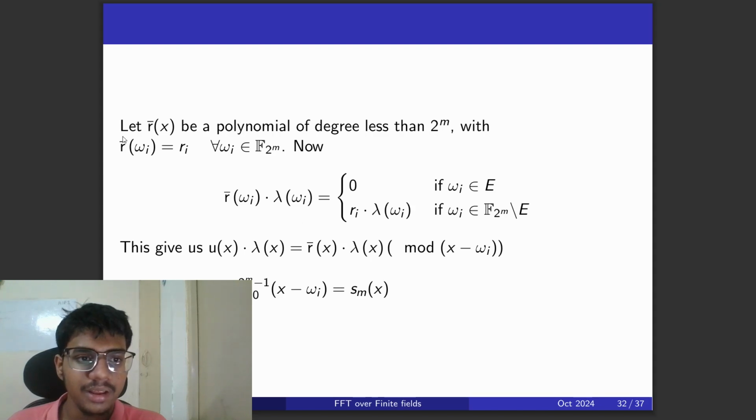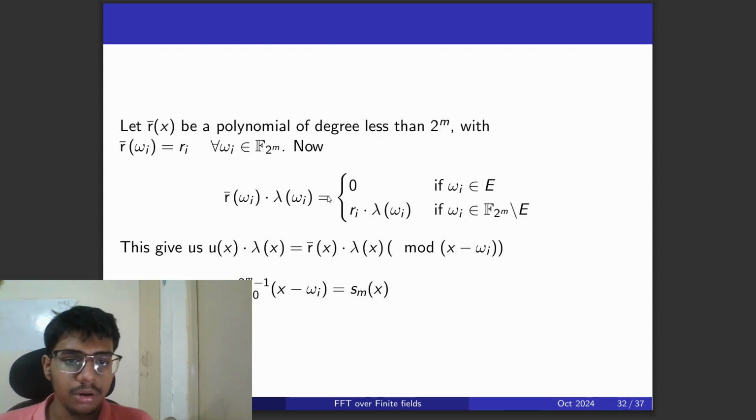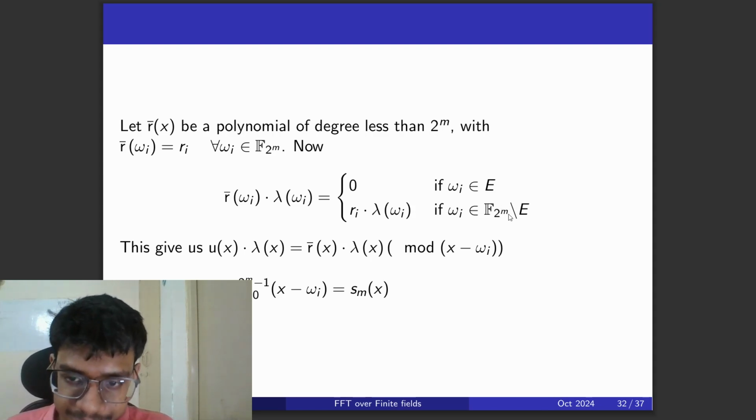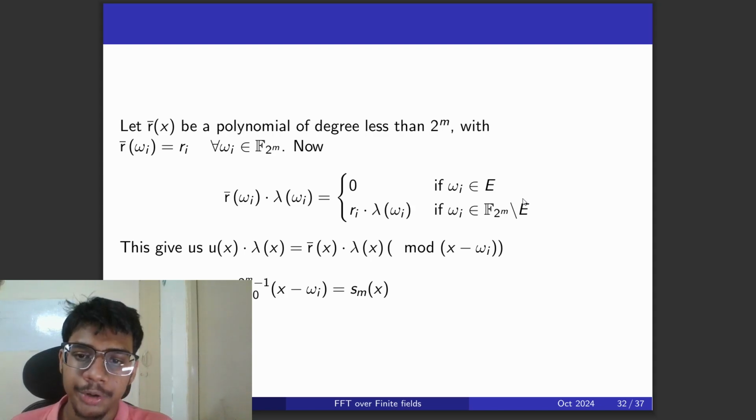If you multiply r bar of omega i by lambda of omega i, we see a good pattern here. If omega i belongs to our error set, then it becomes 0, and if it does not belong to the error set, then we receive ri dot lambda of omega i.